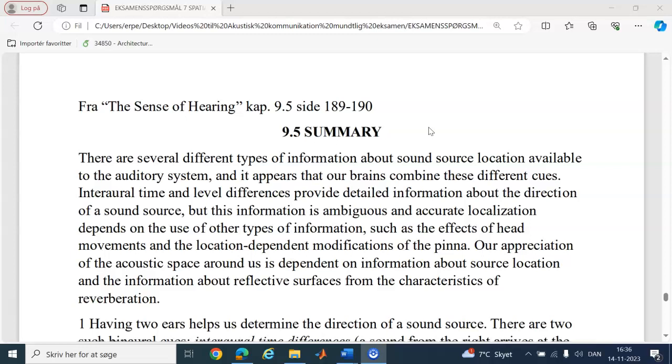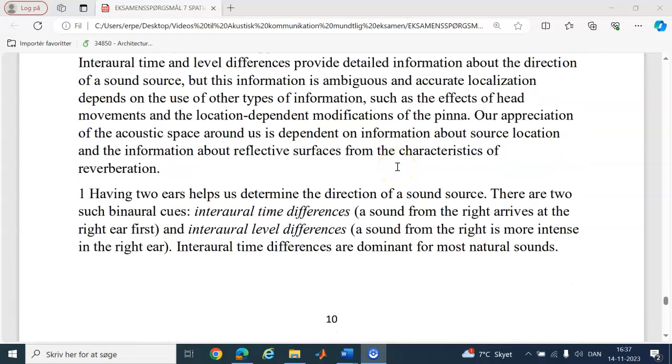Our appreciation of the acoustic space around us is dependent on information about source location and information about reflective surfaces from the characteristics of reverberation. Having two ears helps us determine the direction of a sound source.